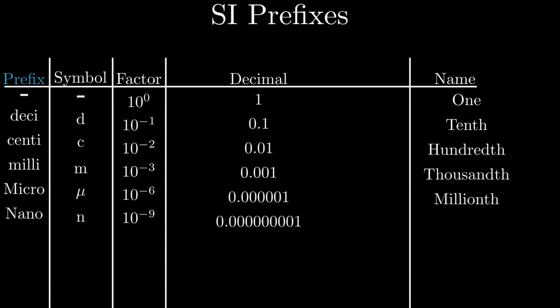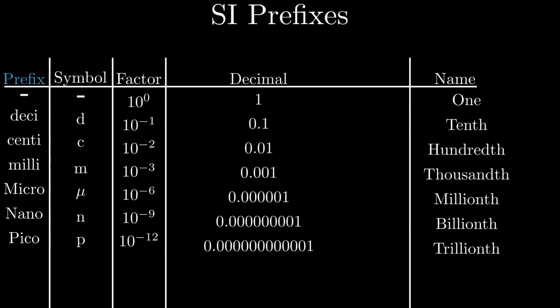So when you see nano or n, let's say nanocoulombs, then in the place of nano, you insert 10 to the negative 9. 10 to the negative 12, that's pico, which is maybe atomic sizes, atomic radius. That's a trillionth.